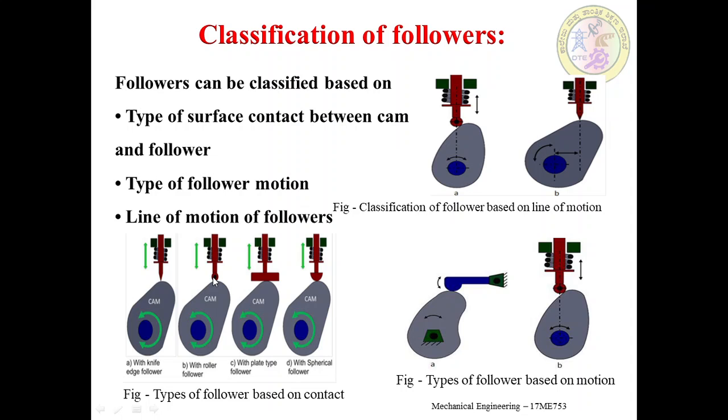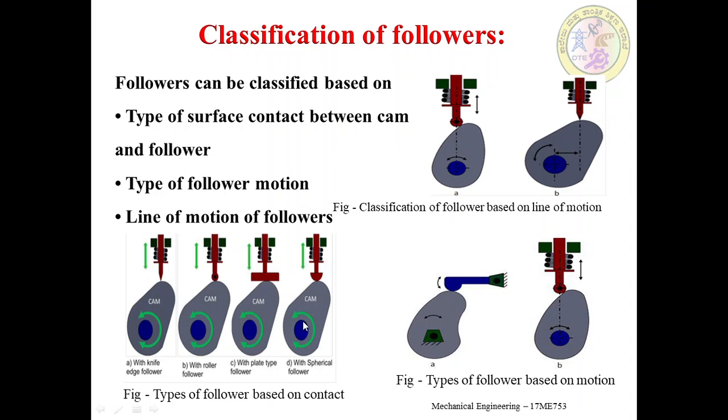Next we will go for the flat plate type follower. Here, as the name indicates, flat means the end of this follower is flat type. The follower face is perfectly flat. It experiences a side thrust due to the friction between contact surfaces of follower and cam.